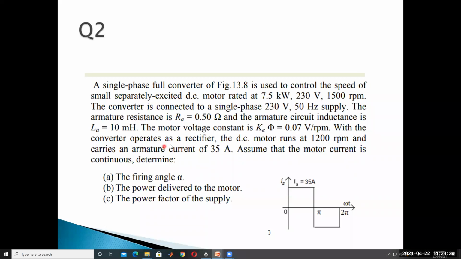With the converter operating as a rectifier, the DC motor runs at 1200 RPM and carries an armature current of 35 amps. Assume that motor current is continuous. Determine firing angle alpha, power delivered to the motor, and power factor of the supply.